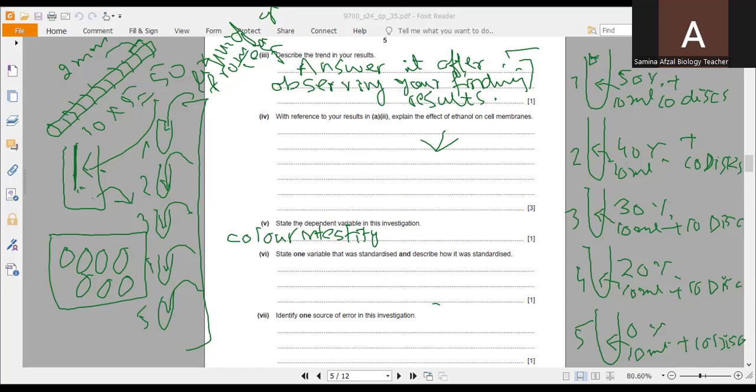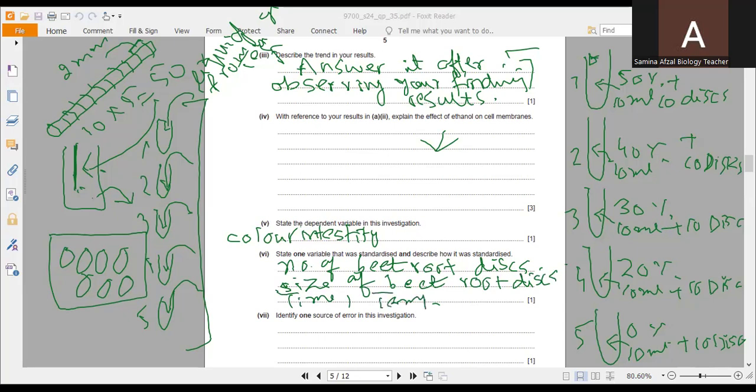And the temperature was also the same. So here I would like to say: number of beetroot discs, size of beetroot discs, the time for which you have kept them, and another variable is the temperature.